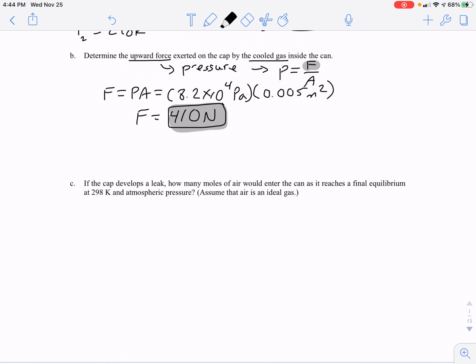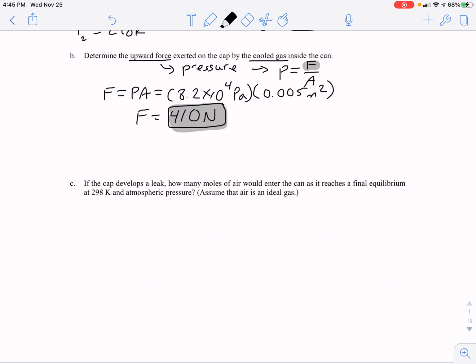And lastly, in part C, it says if the cap develops a leak, how many moles of air would enter the can as it reaches a final equilibrium at 298 Kelvin and increases to atmospheric pressure? Remember, we are at 8.2 times 10 to the 4 pascals of pressure, less than atmospheric pressure.